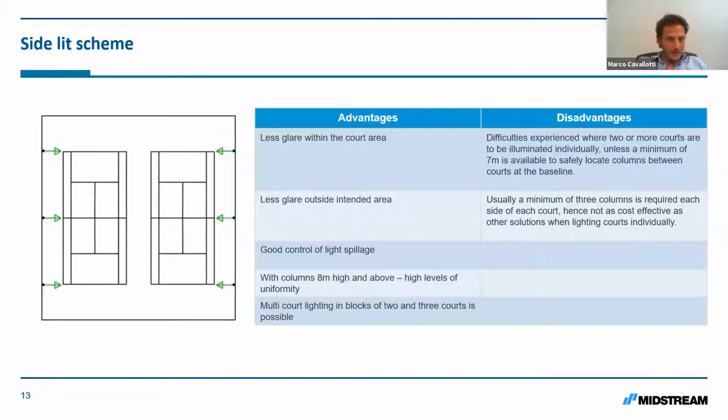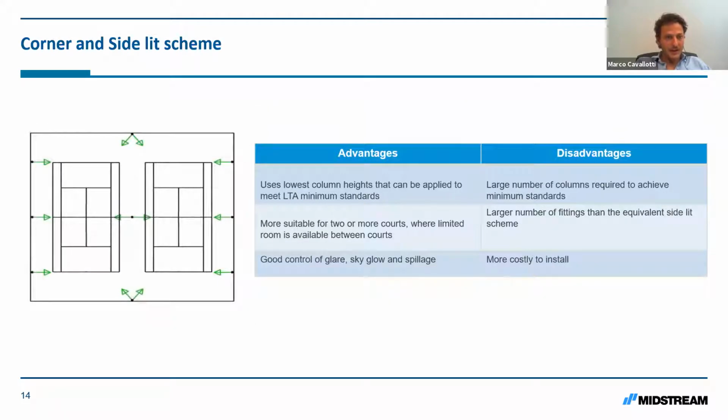The second layout I'm going to show you is the corner and side-lit scheme. As you can see in this scheme, it is based on 9 poles: 3 on the sides, as in the side-lit scheme, and 3 on the center line between the 2 courts. An advantage is that you can use lower columns, which are cheaper than taller ones.